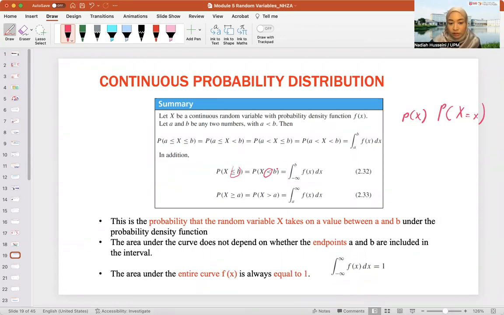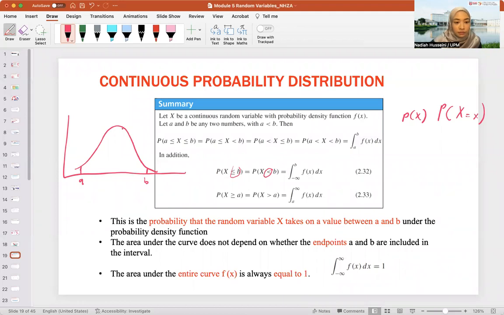Okay, and if we're talking about the probability of random variable X less than b, we can imagine it like this. We're talking about the probability of X being less than b, right? So let's say a is less than b. I'm going to put a over here and I'm going to put b over here.